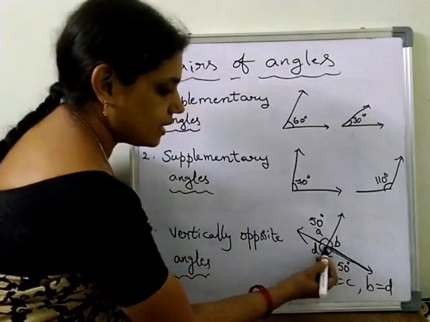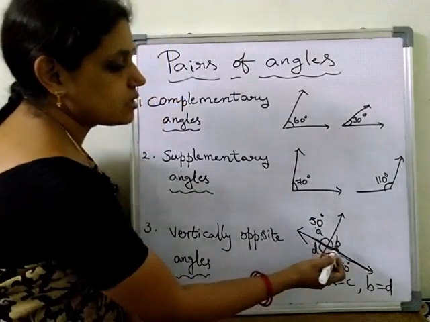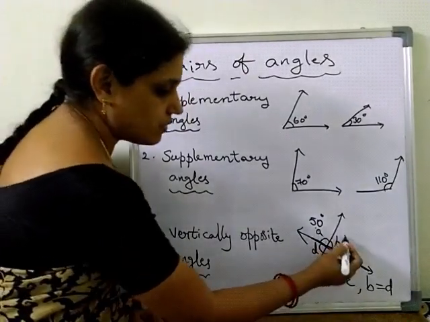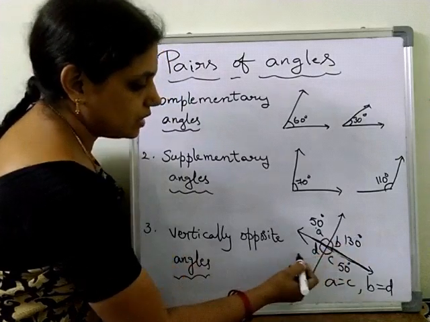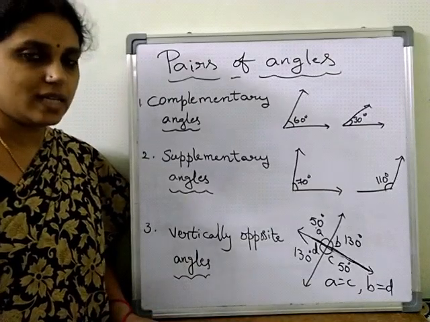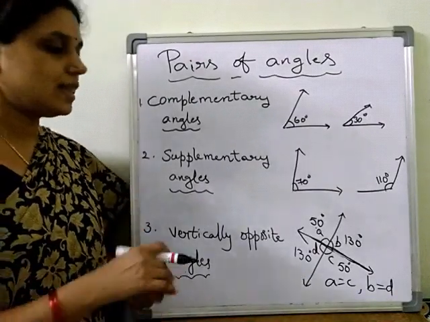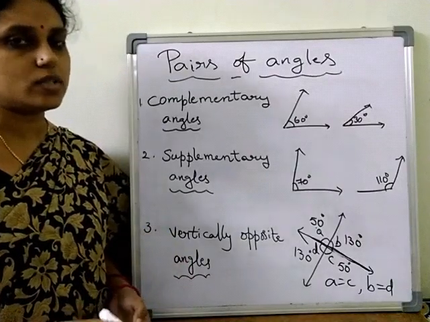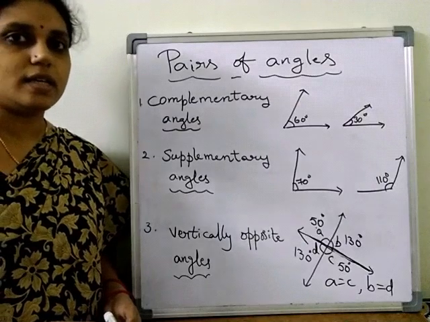Since this is a line, it is a straight angle of 180 degrees. So B equal to 180 minus 50, that is 130. So if B is 130, D is also 130. So in vertically opposite angles, if any one angle is given among the four angles, the other three angles you can find out using the property that vertically opposite angles are equal.